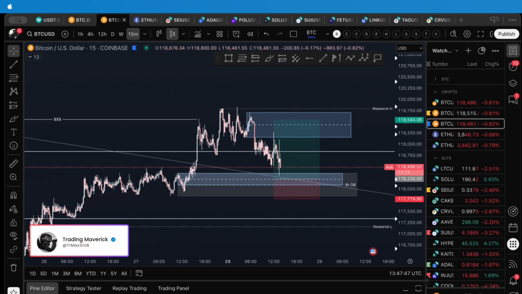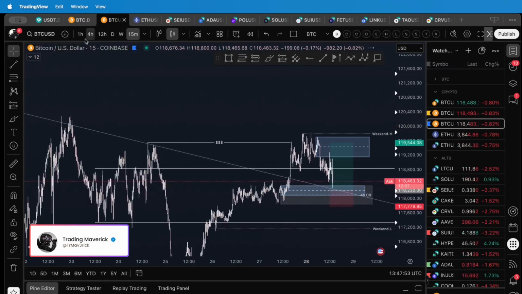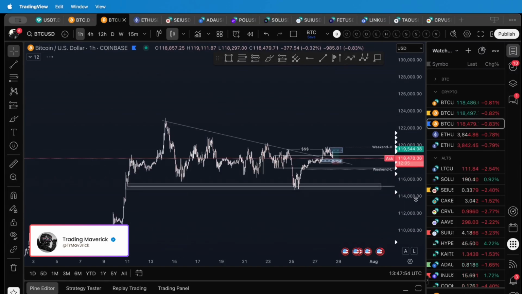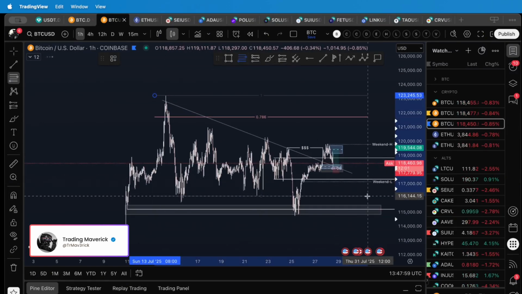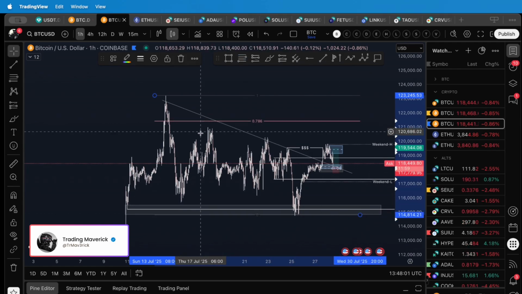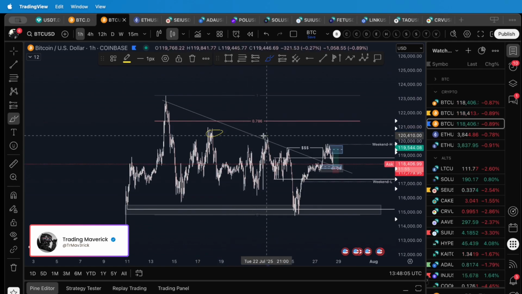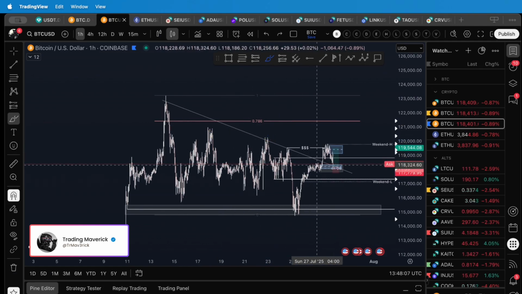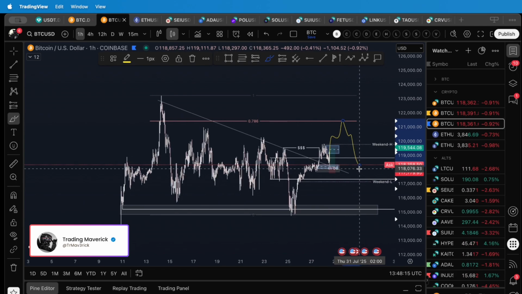Yeah, 121k should probably be hit because there's a lot of liquidity. And what I was also watching, if we zoom out a little bit, the golden pocket was already tested here and rejected 2 times, so it would make sense for price to wick a little bit higher and maybe then reject into a higher low.